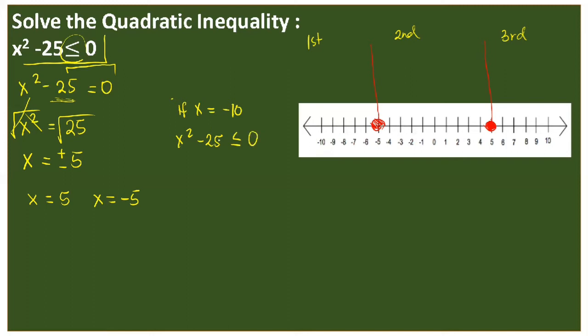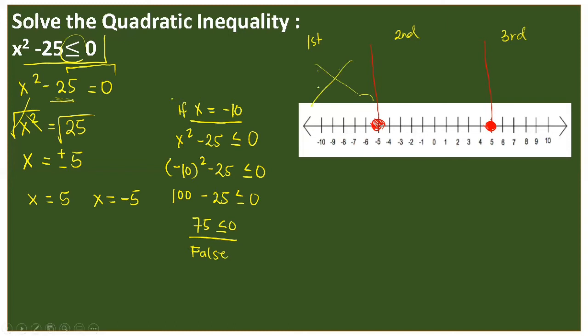Negative 10 squared minus 25 is less than or equal to 0. Negative 10 squared becomes positive 100, then minus 25 gives positive 75, less than or equal to 0. So, this statement is false. Therefore, the first region does not consist of our solution set.